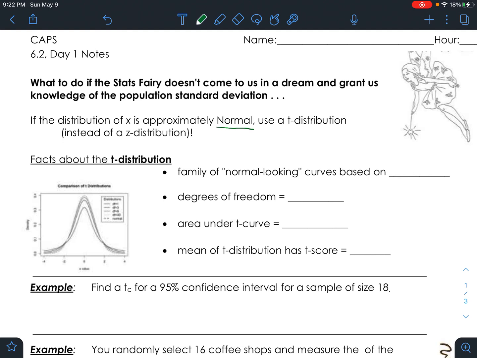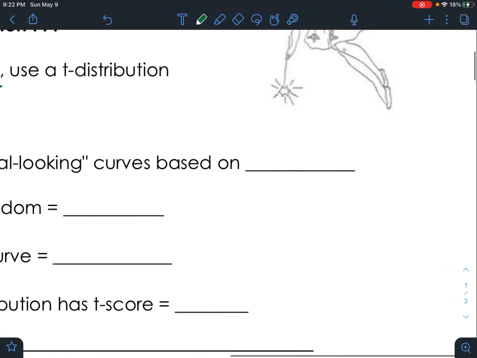First, the t-distribution, just like the z-distribution, is bell-shaped and symmetrical about the mean. The t-distribution is a family of curves, each determined by a parameter called the degrees of freedom.